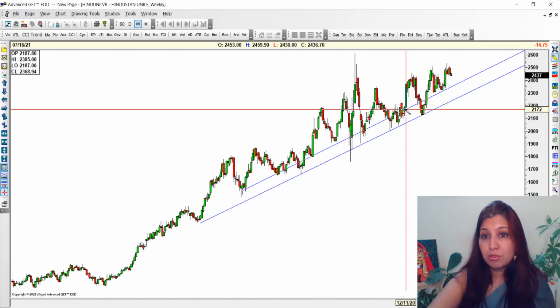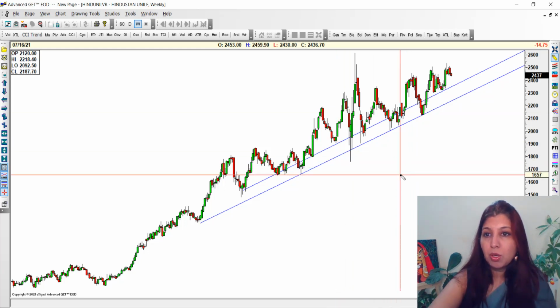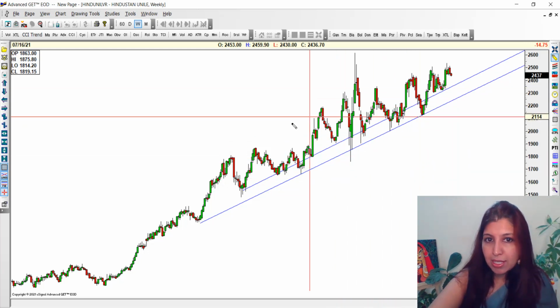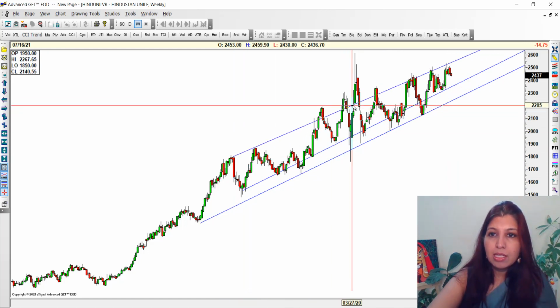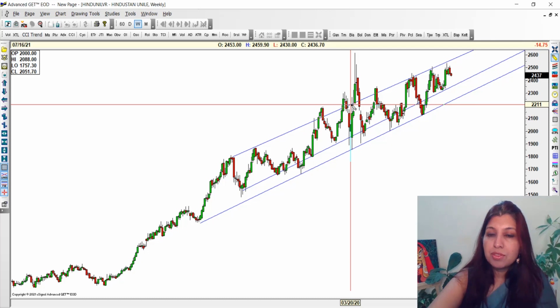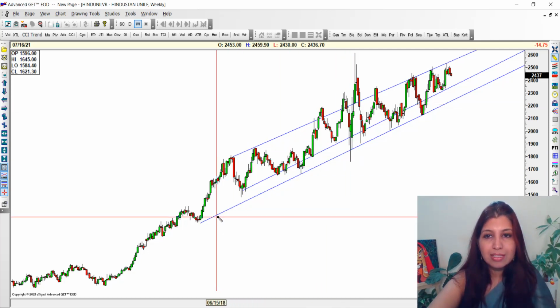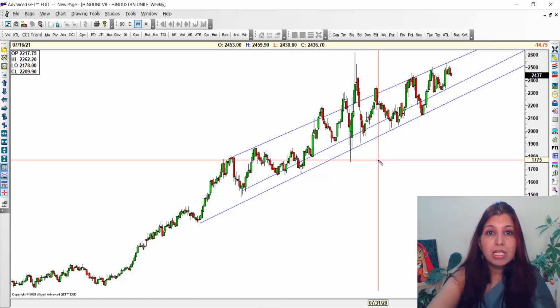I can do multiple trend lines, as you can see I'm doing right now, and then I can make support and resistance lines and all of that. Whatever I do, this is my weekly chart. I use my weekly chart to understand the general direction in which the market is going, or this particular stock for that matter.